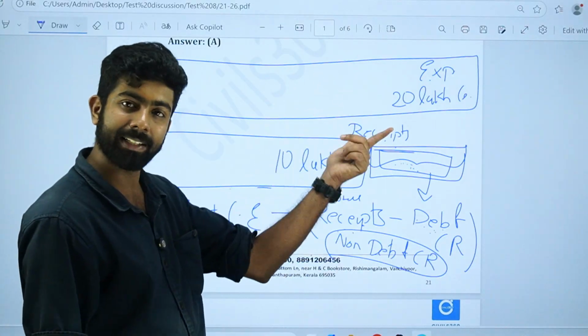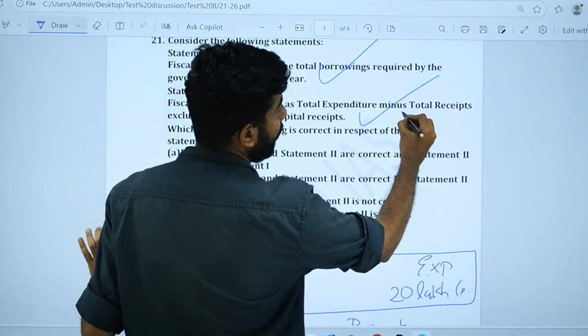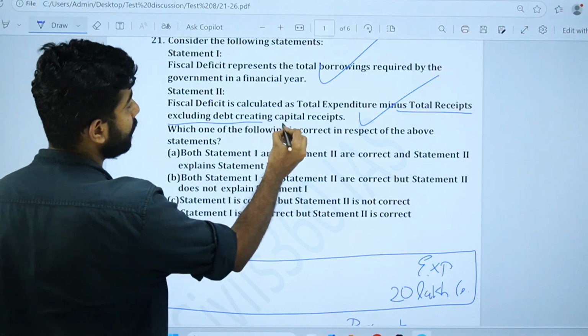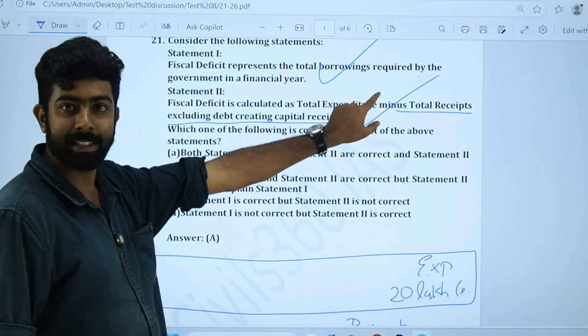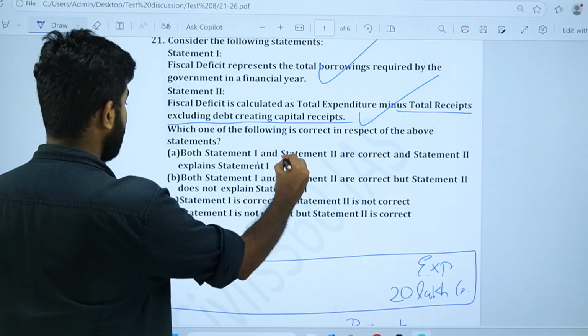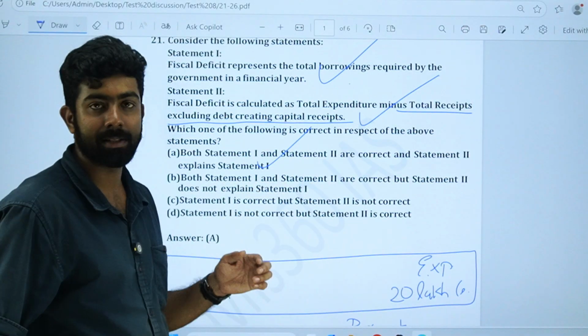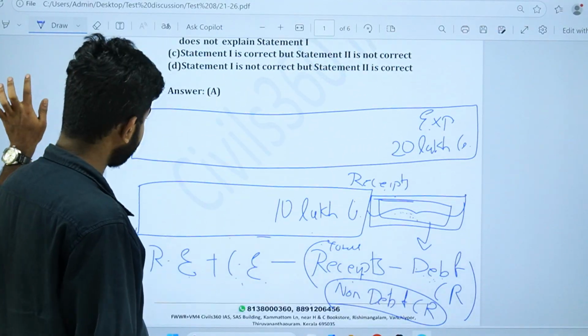So this is actually correct. It will give the total net borrowings in a particular year. So this statement explains the first statement. So option A is the answer.